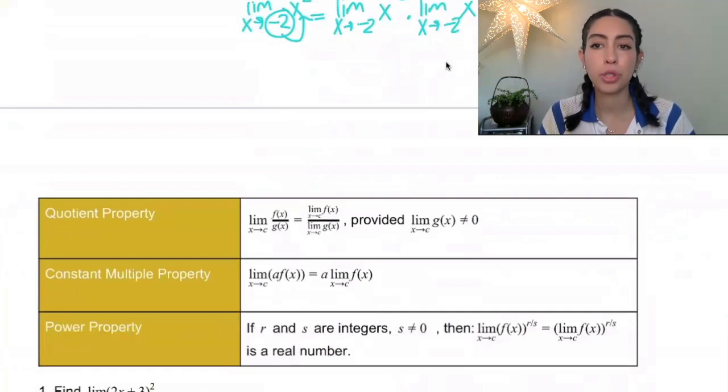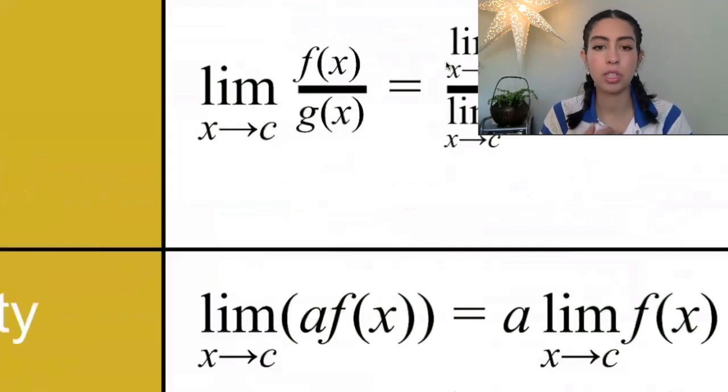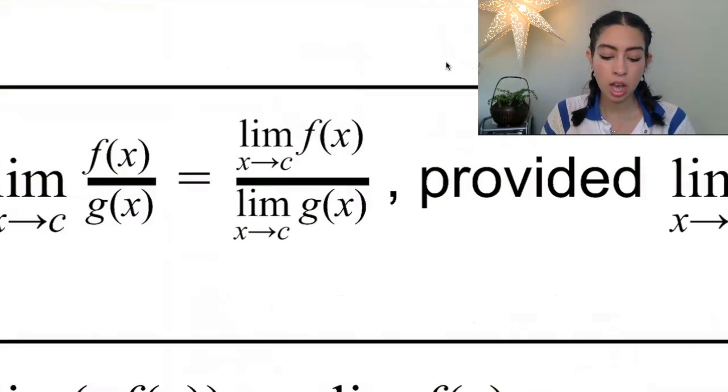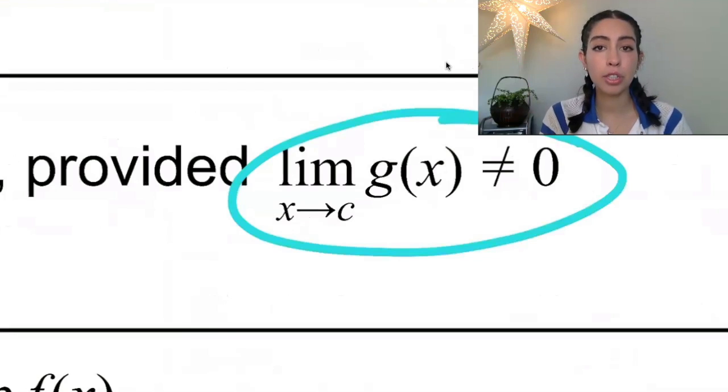And we have the quotient property. Quotient means division. If we are taking the limit as x approaches c of two functions that are being divided, then we can take those limits separately, as long as, because we are talking about fractions, the limit as x goes to c of the bottom function, whatever is at the bottom, cannot equal 0.